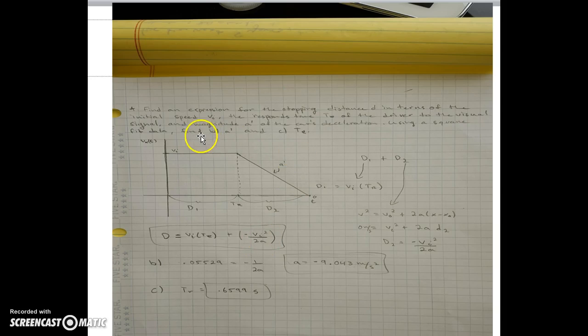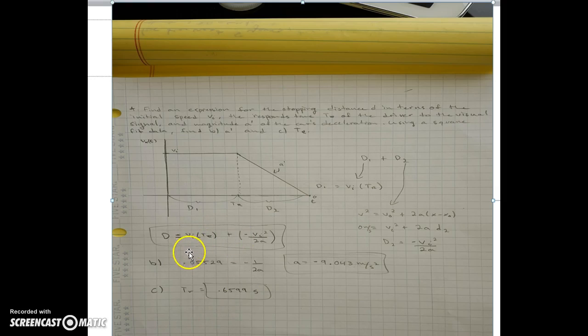And the next question is to find a prime and the reaction time. So I just set the 0.05529, which is the coefficient over here, equal to the negative of 1 over 2a, and I solved for that, and I got the acceleration is negative 9.043 meters per second squared.